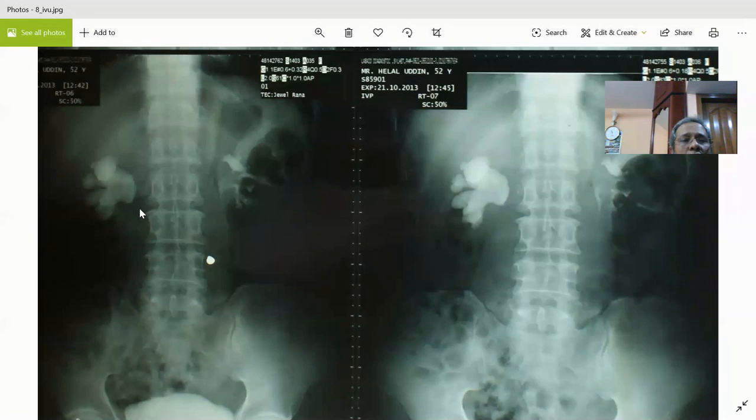So here, look, a staghorn stone is formed here. So the ureter is not visualized. Look, not a single part is visualized there. If the ureter is not visualized, then during IVU there is some technical work done for visualizing the ureter: the patient lies on the table with the head tilted a little bit down, and a binder is applied over the abdomen during IVU, causing an increase in intra-abdominal pressure.